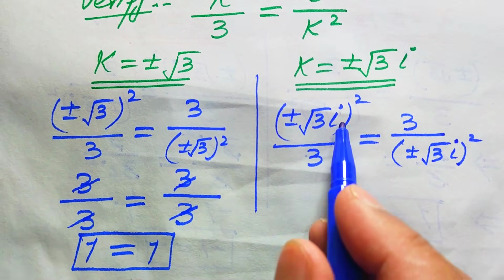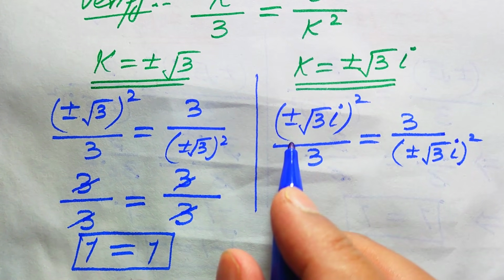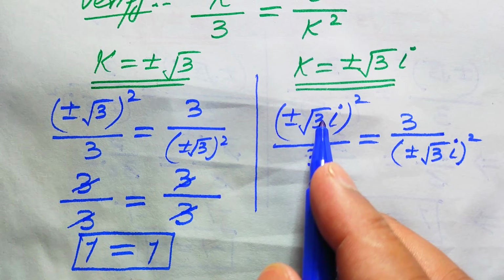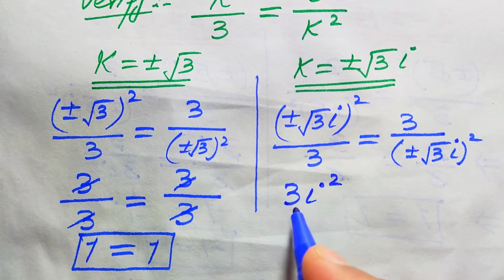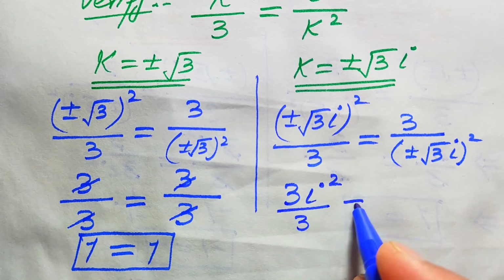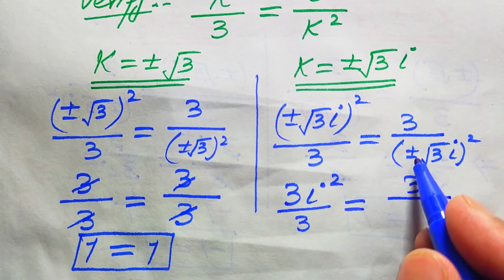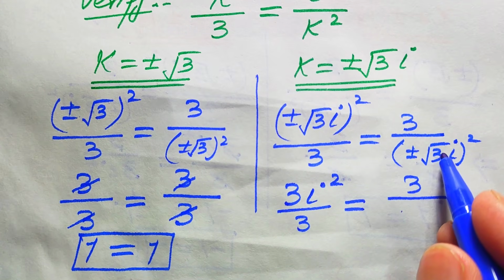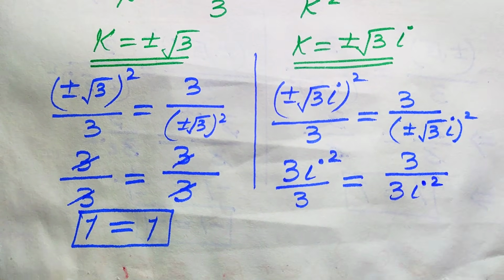So further you see here, when we again apply the square on the positive and negative term, it becomes positive, and the square of square root of 3 becomes 3, and the square of iota becomes iota square, divided by 3 is equal to 3 divided by, the square of plus minus becomes plus, the square of square root of 3 becomes 3, and the square of iota becomes iota square.